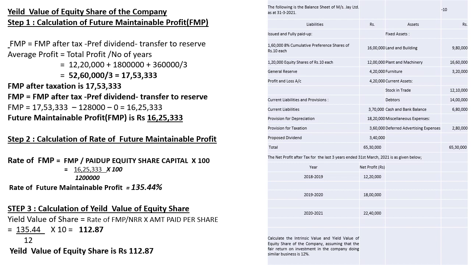Now step number 3, our final answer, the calculation of yield value of equity share. Yield value of share equals rate of FMP divided by NRR, into amount paid per share. The rate of FMP we got is 135.44, divided by NRR.